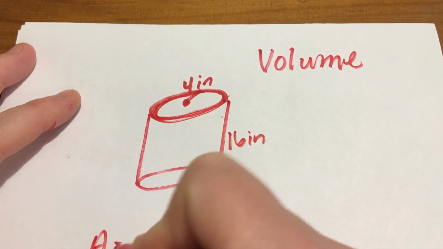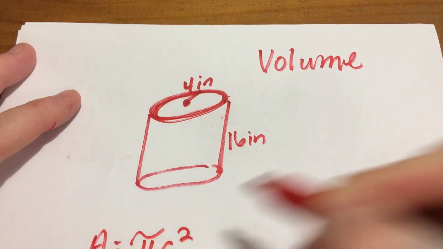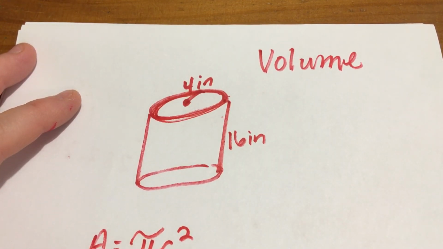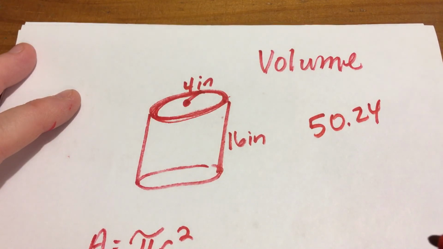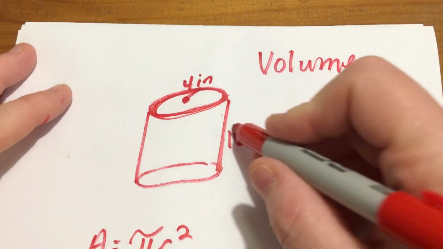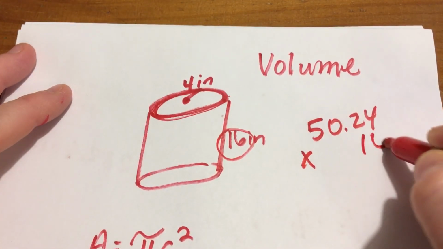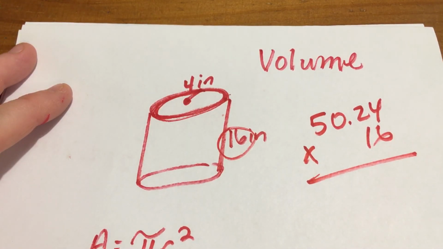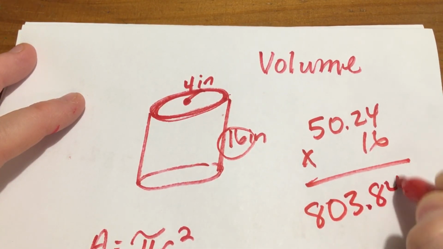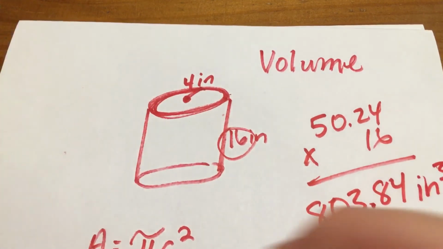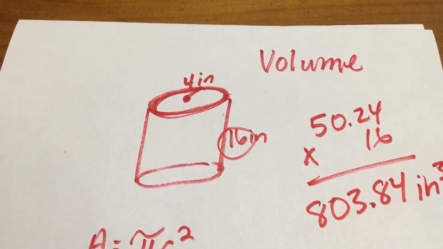So area is pi r squared. 3.14 times 4 squared gives me 50.24. And then I simply times it by the height. Times 16, which gives me 803.84 inches cubed. All right, that is it.